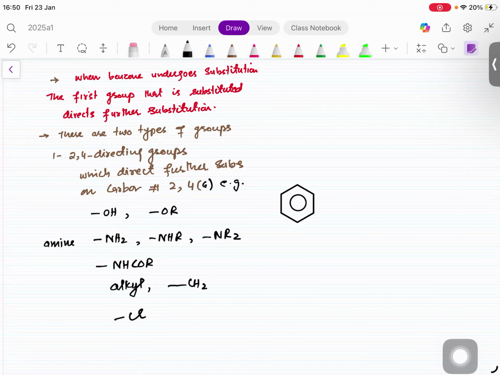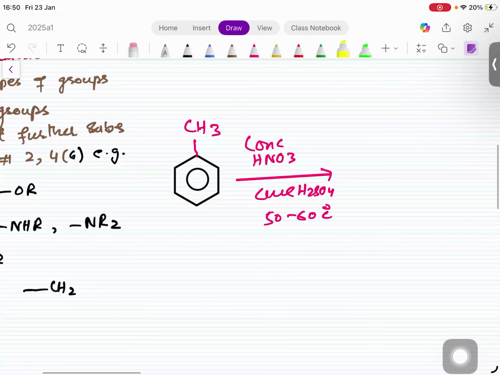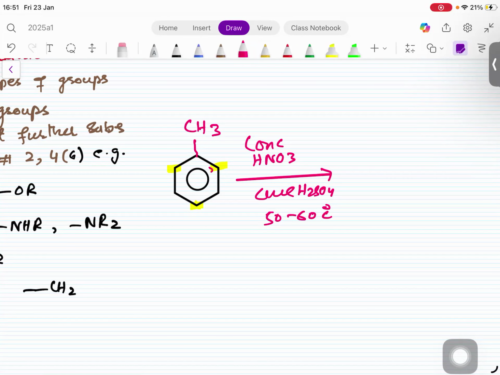As I told you, for example, if this is CH3 and we react it with concentrated nitric acid, concentrated sulfuric acid at a temperature of 50 to 60, you see what happens? It's going to direct the further substitution at this or this or this point, which is 2, 4, and 6.